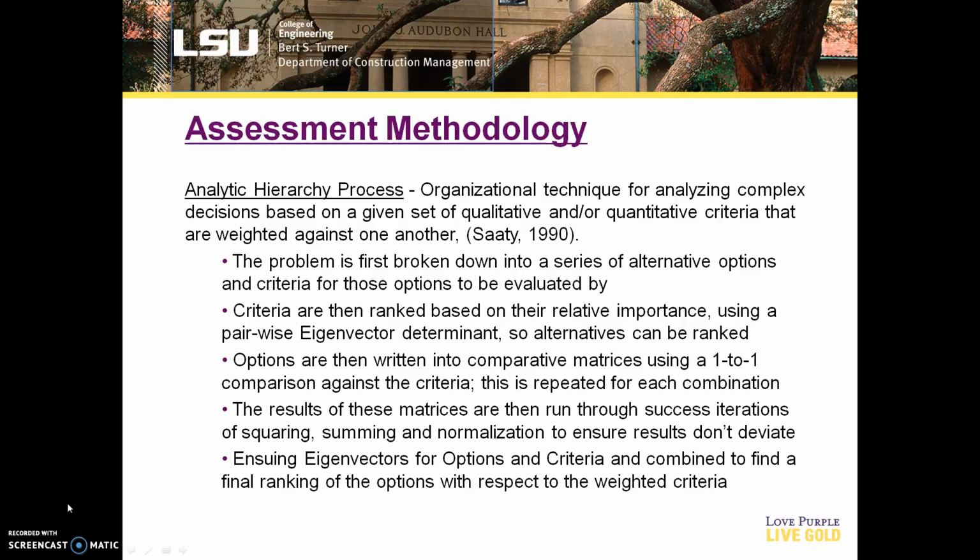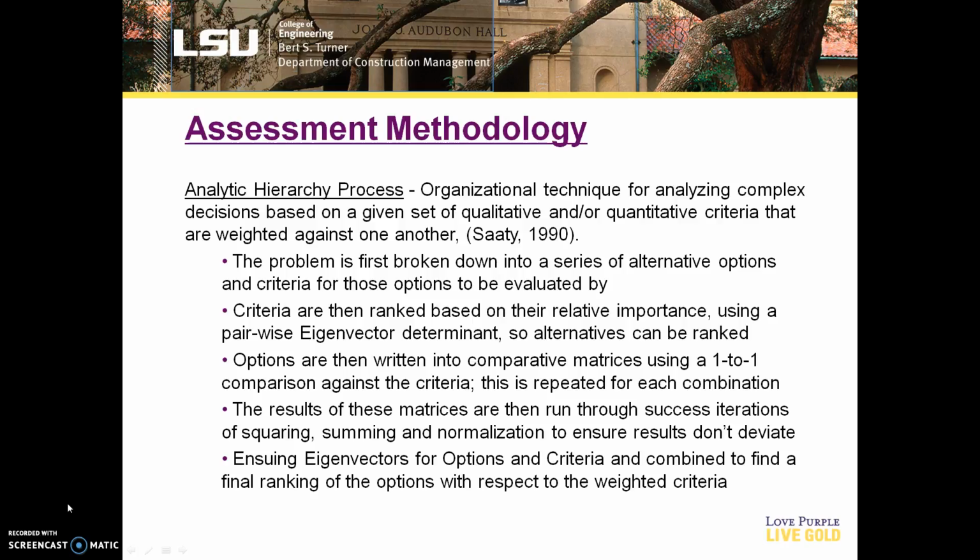There are then mathematical formulas that are applied to the options that you have at your disposal relative to these criteria. You run them through a series of iterations to ensure that your rankings don't deviate too strongly from one iteration to the next, to ensure a process of best fit.